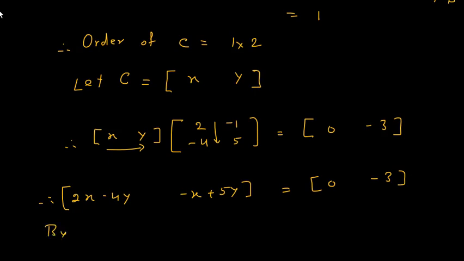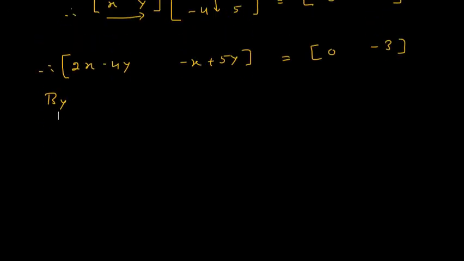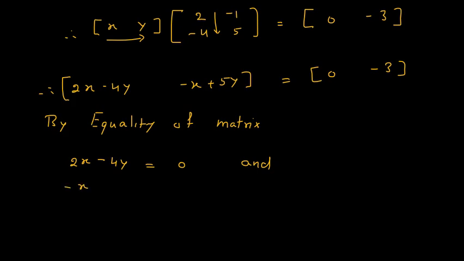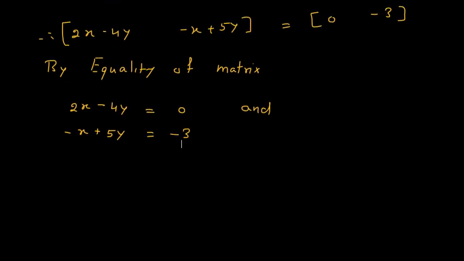So by equality of matrices, we have 2x minus 4y is equal to 0 and minus x plus 5y is equal to minus 3. This is equation 1, this is equation 2.